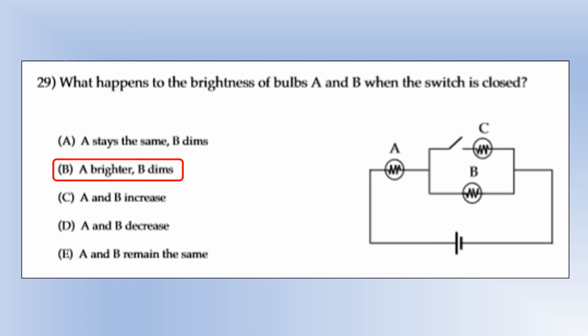And what that means is the overall circuit current will increase. So there's a higher current going through A, therefore it will get brighter. However, to start with, all of the current was going through B, but now it's splitting between B and C, so the current through B will be smaller, which is why it dims.